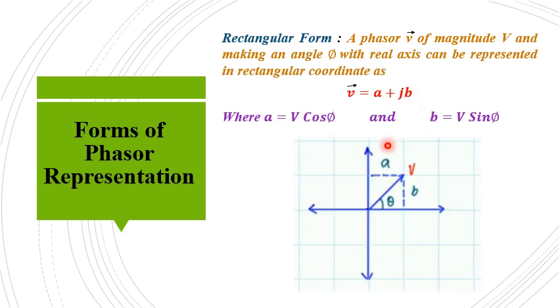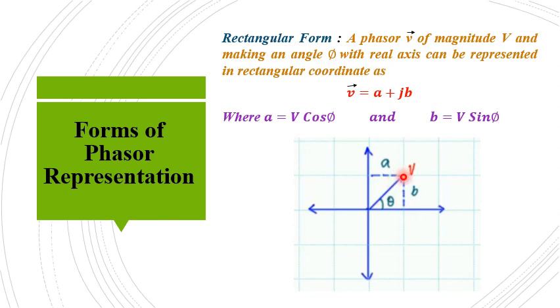Okay, so this is our phasor. Here my phasor is having a magnitude capital V and it's making an angle phi with your real axis.